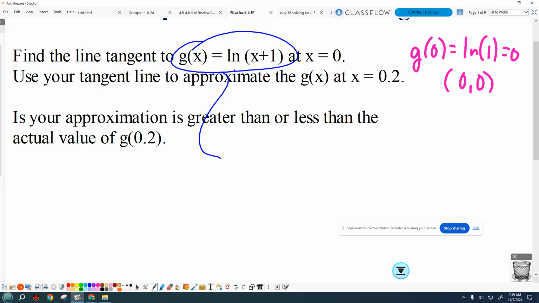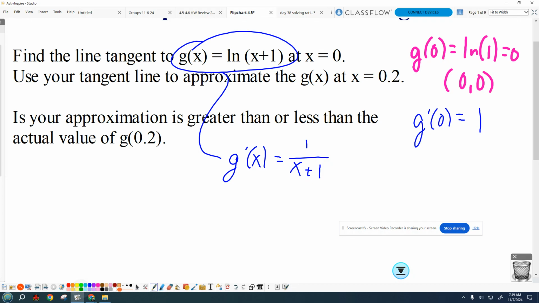Matthias? 1 over x plus 1. Derivative of natural log is 1 over stuff times the derivative of stuff, which here is just 1. Roman, we got the coordinate at 0, what is the slope at 0? Slope at 0 is 1. Okay, cool.